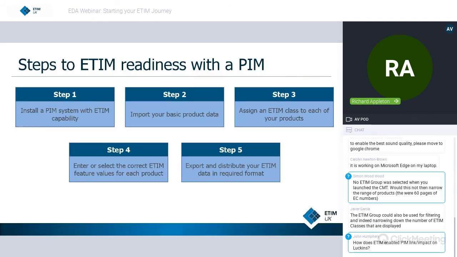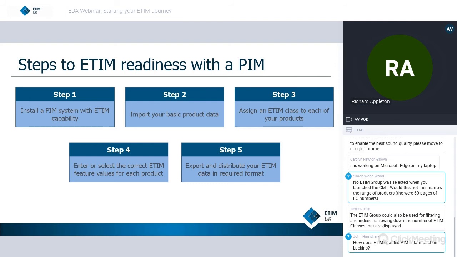So in simple terms, if you install your PIM, there are five simple steps to ETIM readiness, or creating ETIM ready data. Step one, install a PIM system with ETIM capability. Step two will be to import your basic product data. So this is whatever you've got available in your ERP systems, or perhaps in the content management tool sitting behind your website. So your part numbers, EAN codes, product descriptions, and so forth.